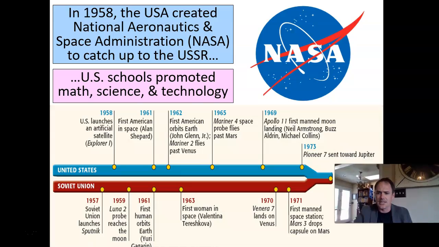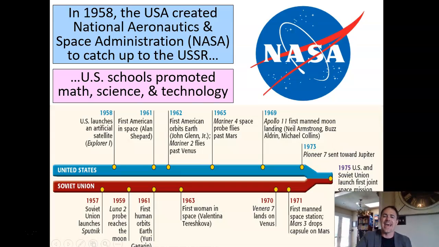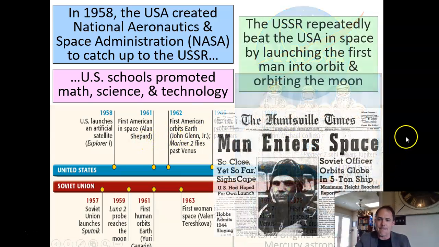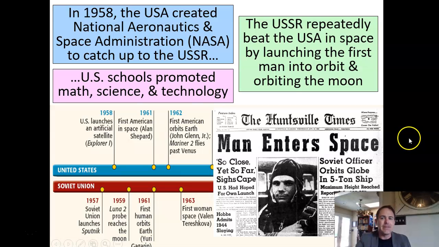Right. So in 1958, the USA created NASA, the National Aeronautics and Space Administration, to catch up. U.S. schools began to promote math, science, and technology, right? And the Americans began to launch their own satellites and eventually people into space. But the USSR beats the U.S. by sending the first man into orbit.